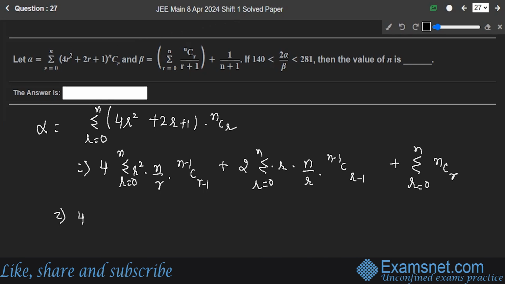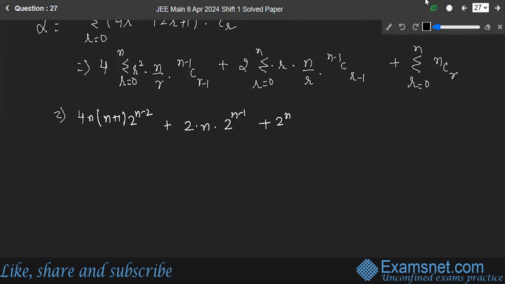So this is equal to 4n, I'm taking outside, summation r equal to 0 till n. You have here 4n into n plus 1. I'm applying the direct formulas over here. So 4n into n plus 1 into 2 power n plus n minus 2, plus 2 into n into 2 power n minus 1, plus 2 raised to power n.